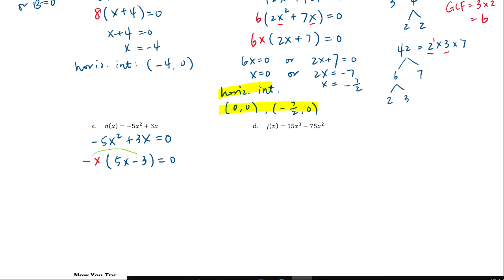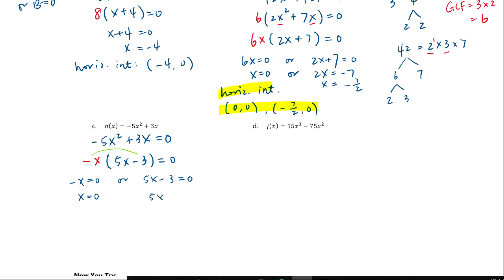And now to find the horizontal intercept, we again apply the zero product principle, and we can say that either negative x is equal to 0 or 5x minus 3 is equal to 0. That negative sign in the front is optional because we can quickly see that x can be 0 either way.